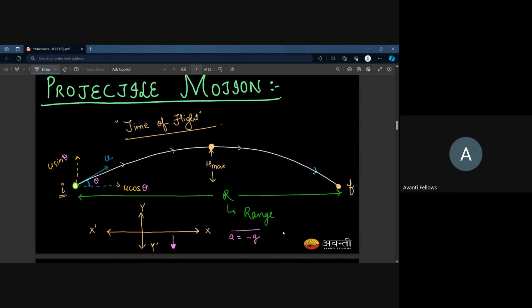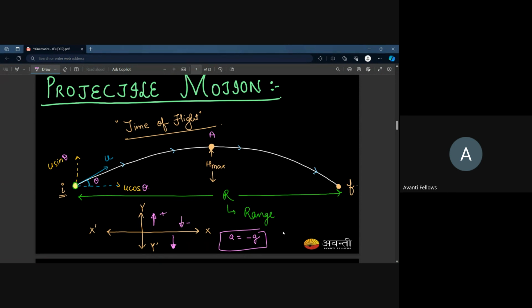And if this object is going, let's say, from I position to A position in the upward direction, then that displacement would be like this in the positive y-axis. But from A to F, it is going towards negative y, so it would be negative.